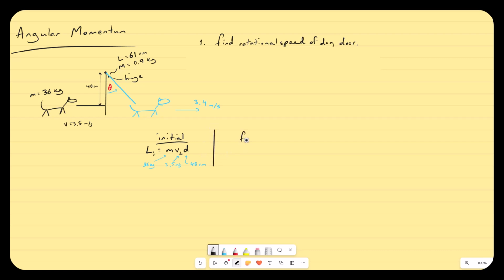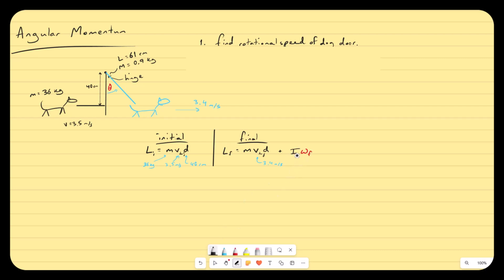After the collision, the dog keeps running, so we're going to have an m v perpendicular times d, that's like a v perpendicular final, where this one was initial. We do know that speed, that's our 3.4 meters per second. And then we're also going to have an I times an omega final.